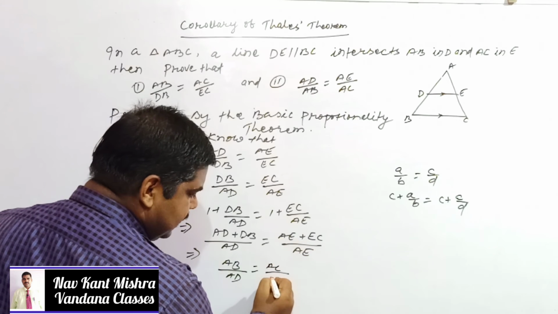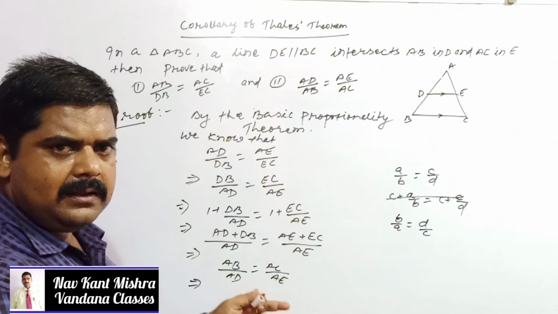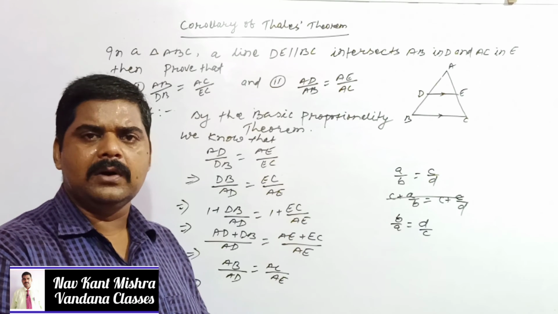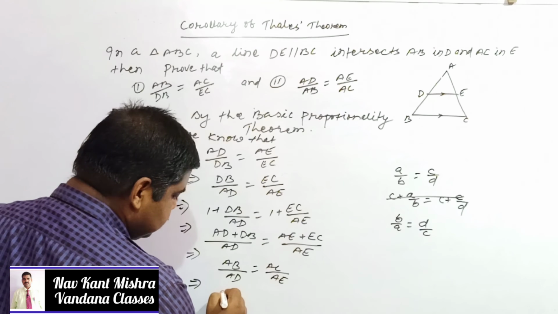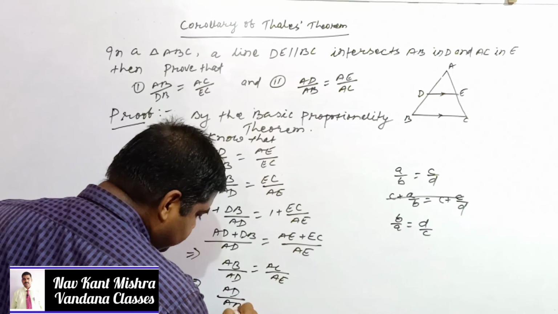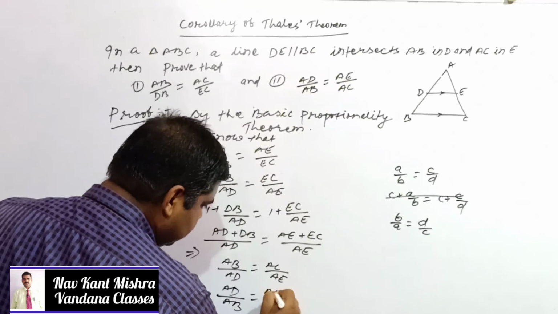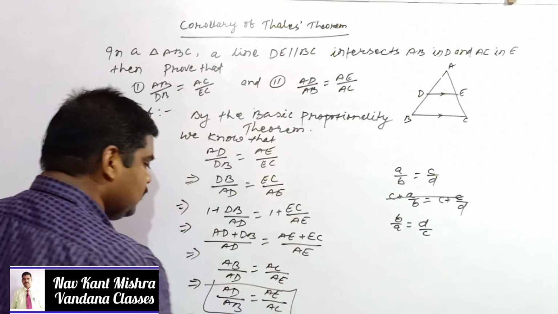So AB upon AD is equal to AC upon AE. If the ratios of any two numbers are equal, then their reciprocals must be equal, and this is why you may write AD upon AB is equal to AE upon AC, and that is the second corollary.